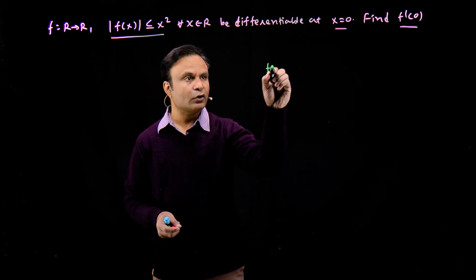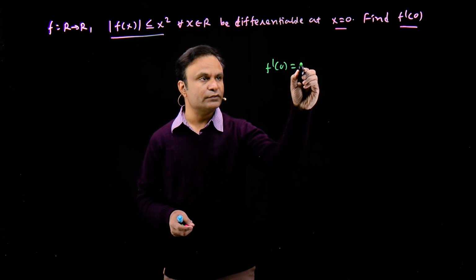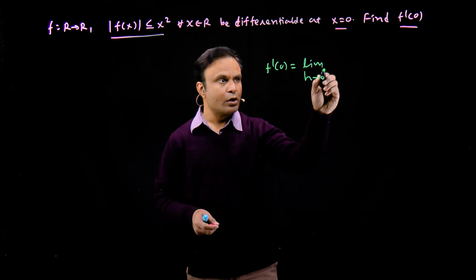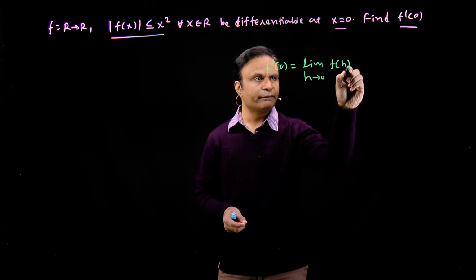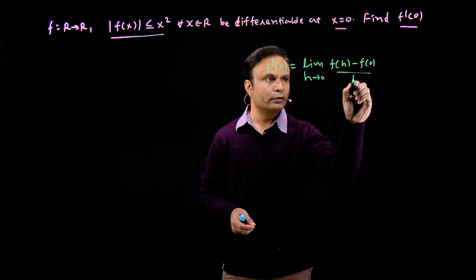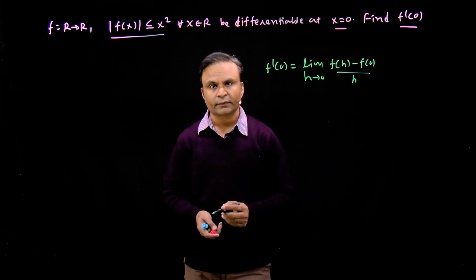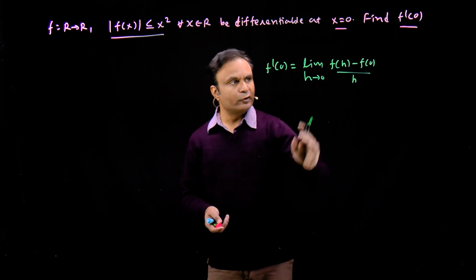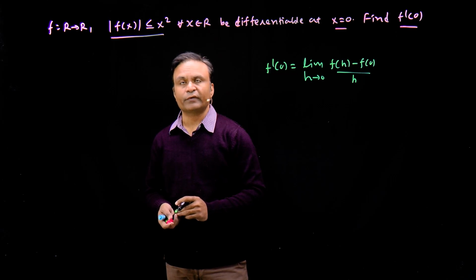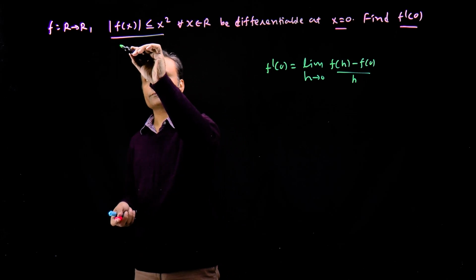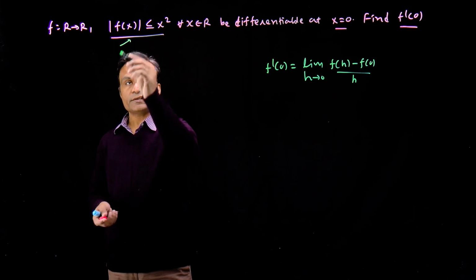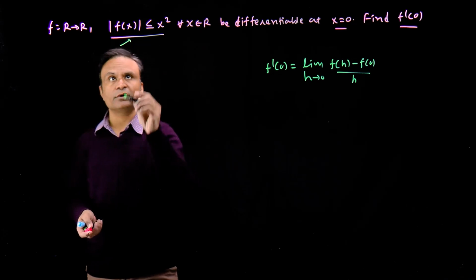The definition of f dash 0 is limit h tends to 0 of (f of h minus f of 0) upon h. Okay, now what is the value of f of 0? It is not given. We can find the value of f of 0 from this inequality. In this put x is equal to 0.